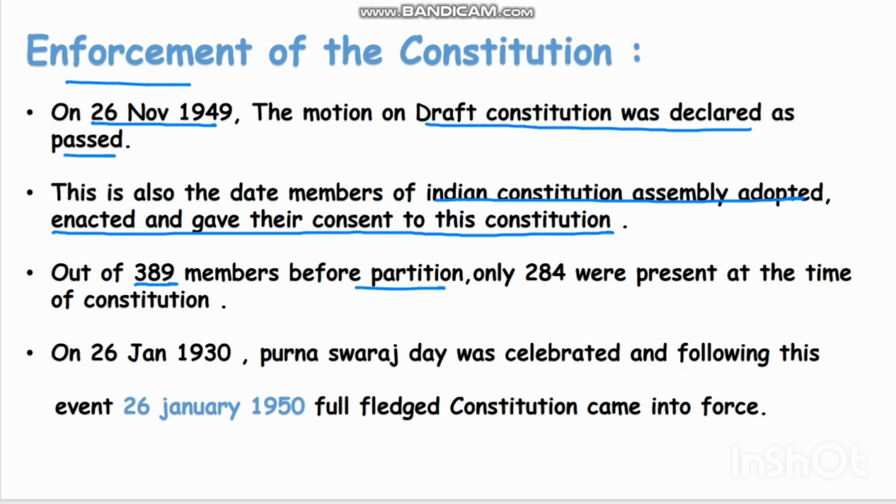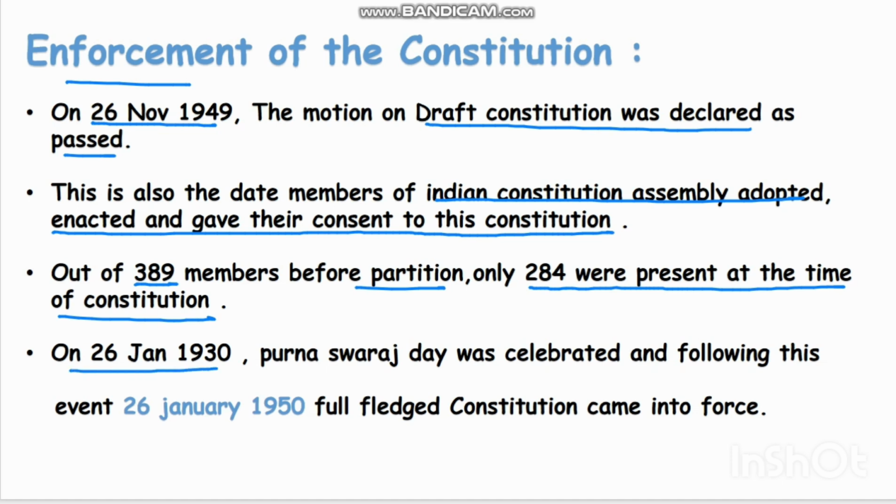The members of both India and Pakistan were placed in the Constituent Assembly. But after the partition, most of the people from Pakistan were removed from the Constituent Assembly, and some people had died or moved out, and only 284 were present at the time of the Constituent Assembly.